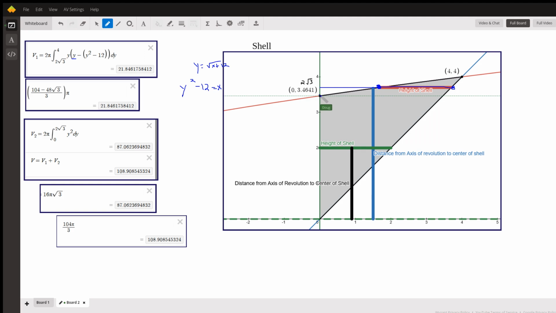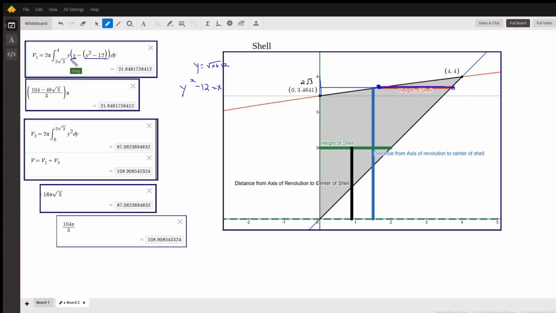This point actually has a y coordinate of 2 radical 3. So we're going from 2 radical 3 up to 4. And so the height of the shell is the x coordinate at the right minus the x coordinate at the left. That's the expression for the height of that shell.